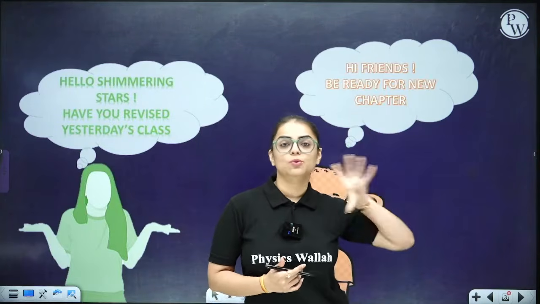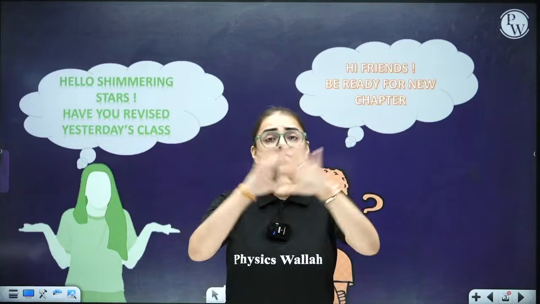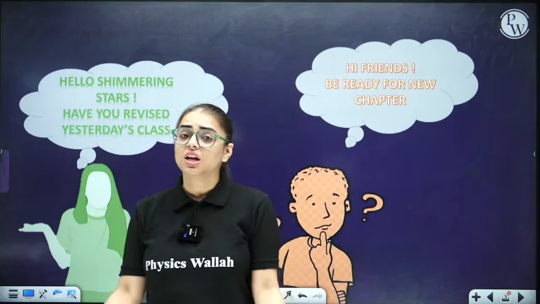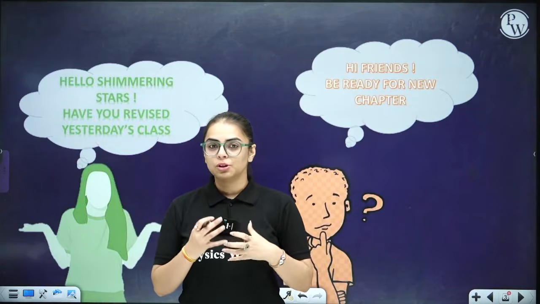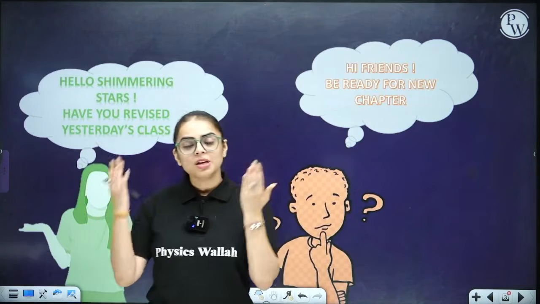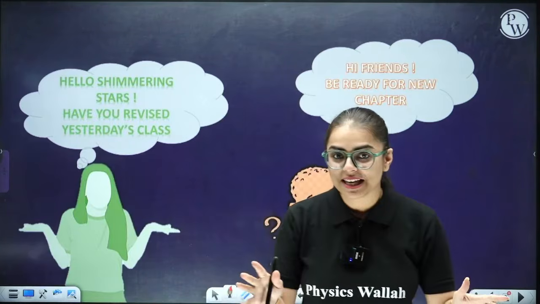In the previous chapter, we had a variation topic, variation across the period and along the group. Over there, if you know the periodic table, it will be easy for you. But if you don't know the periodic table, it will create a little bit of confusion and a time-consuming concept, because if you don't remember it, you will waste your time. So it's better to go and learn the whole periodic table with the help of tricks.